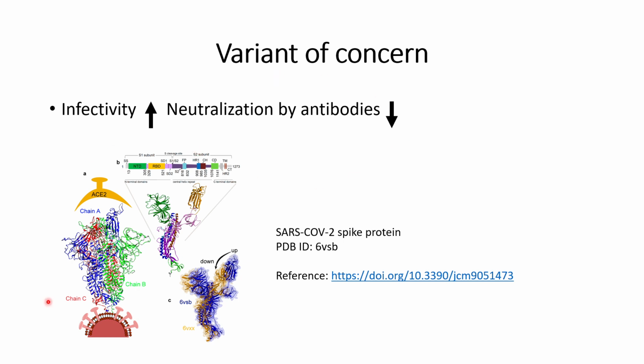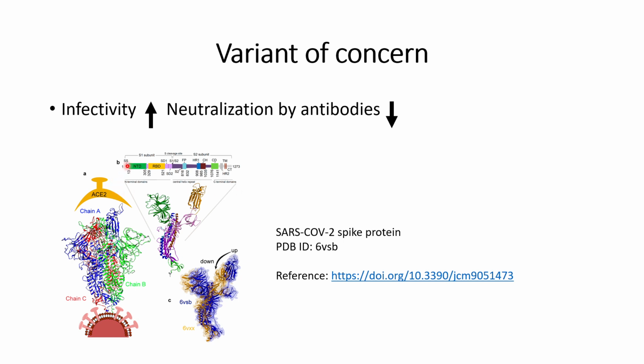And here is the structure of the spike protein of SARS-CoV-2. This structure can be accessed through the RCSB website, where we need a PDB ID, and the PDB ID for this spike protein is 6VSB. This is the three-dimensional structure, and this is the linear structure, which describes every domain.